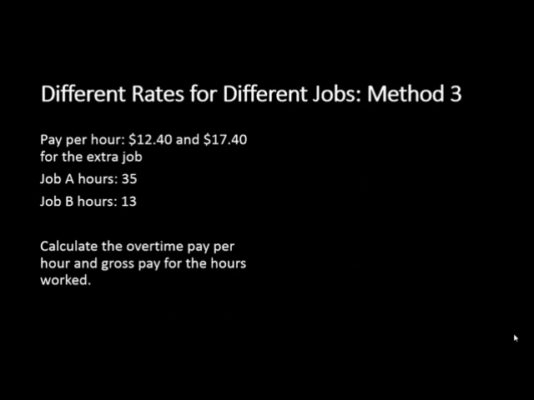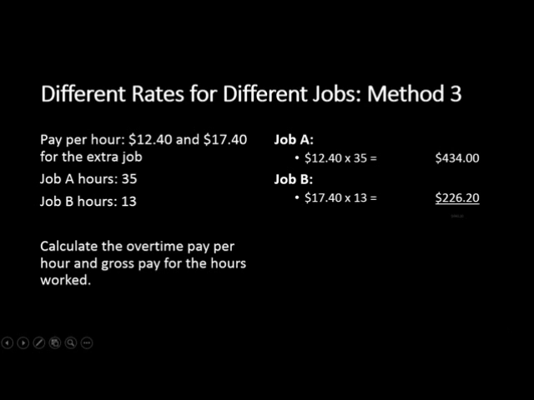Method 3. Job A's regular pay is $434. Job B's regular pay is $226.20 for total regular pay of $660.20.